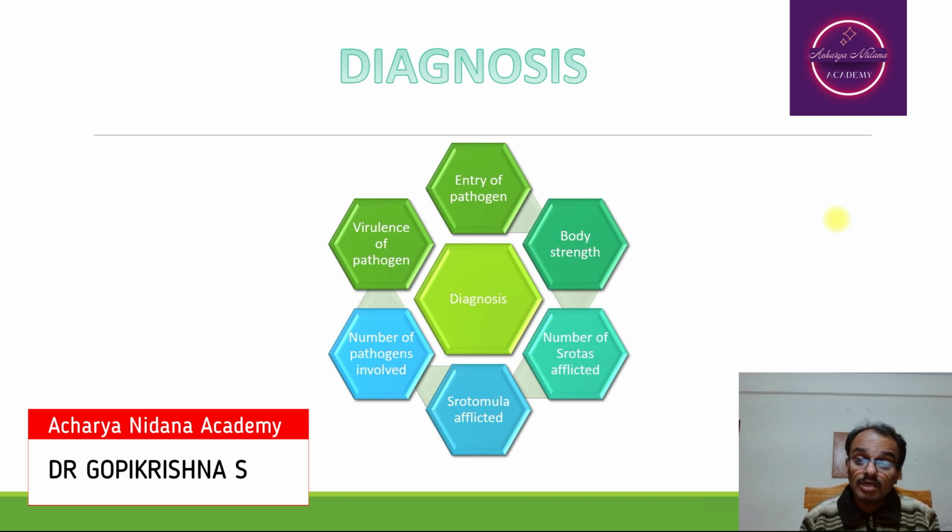When the entry of pathogen is through the mouth, there is every possibility of altered digestive function, so the person may develop Nija Vikara. If the entry of pathogens is through other orifices rather than the mouth, the person may develop Agantuja Vikara. So this is how the impact of Srotas is helpful in the diagnosis of a disease.